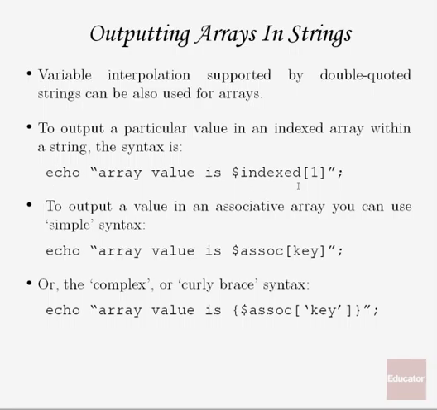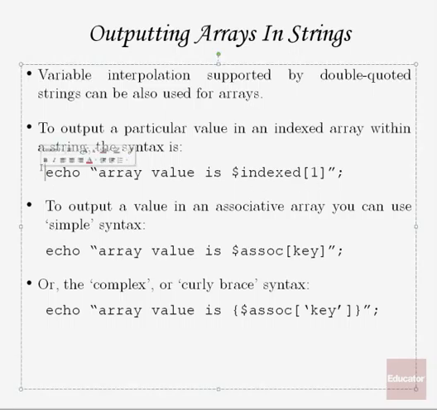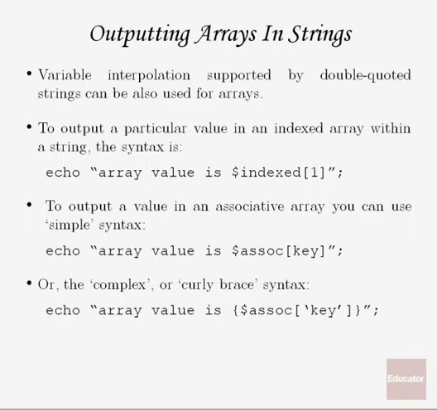For indexed arrays, such as here, basically what you do is you access the value of the array simply as you would in your PHP code. You simply type the variable name, which is a $ followed by the variable name, and then square brackets with the integer index enclosed in between them.